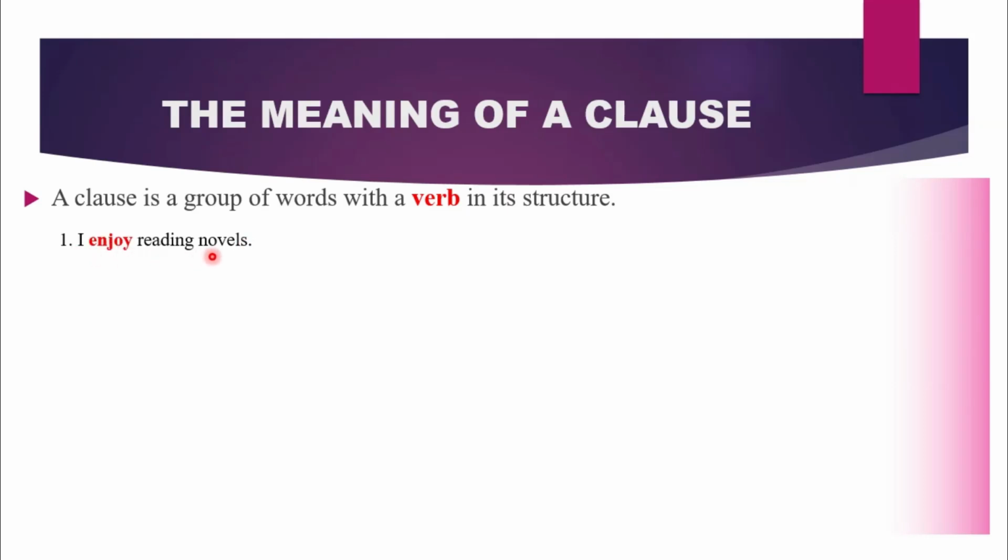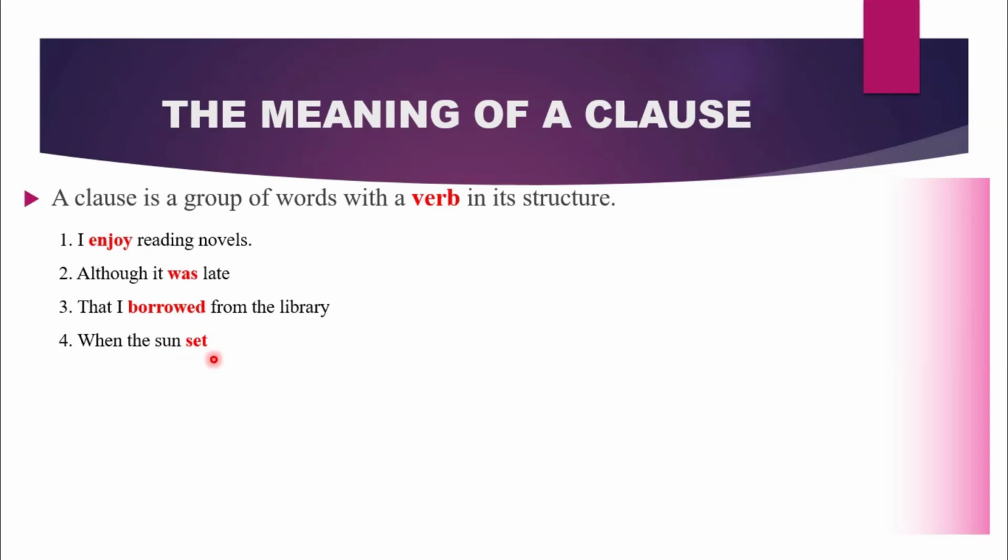I enjoy reading novels. We can say this is a clause. Why? Because it contains a verb. Although it was late, this is also a clause because it contains a verb. That I borrowed from the library. This is a clause because it contains the verb borrowed. When the sun sets.